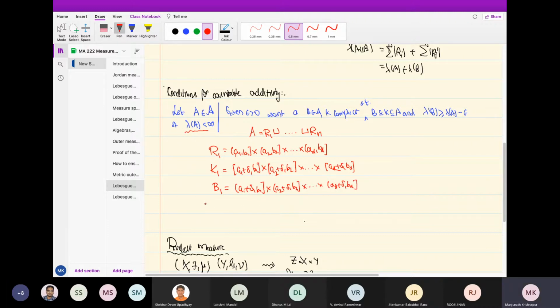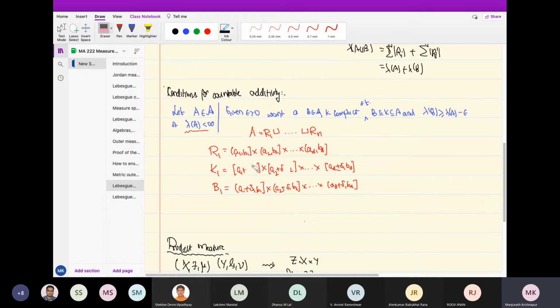Sir, if we don't add delta, then it can also be closed intervals, like we can take closed A1, comma B1. Closed A1 will not be contained in R, right? So there was no delta 1, I just miswrote that. It is only delta.